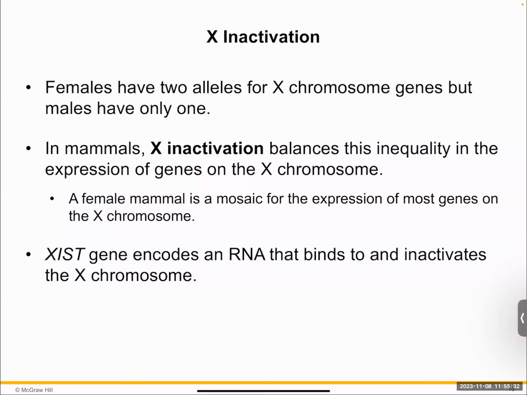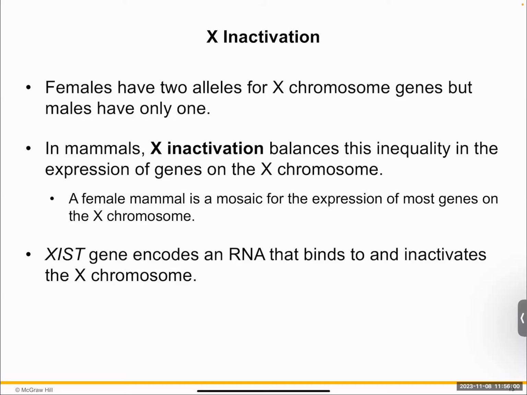Okay. Now, the last concept that we're going to talk about in our lecture today is the concept of X inactivation. This is a really cool concept because so far what we've been talking about is that for the X chromosome in females, there are two copies of that. And therefore, you have the ability to partially protect females from some of the diseases that may affect men more severely.